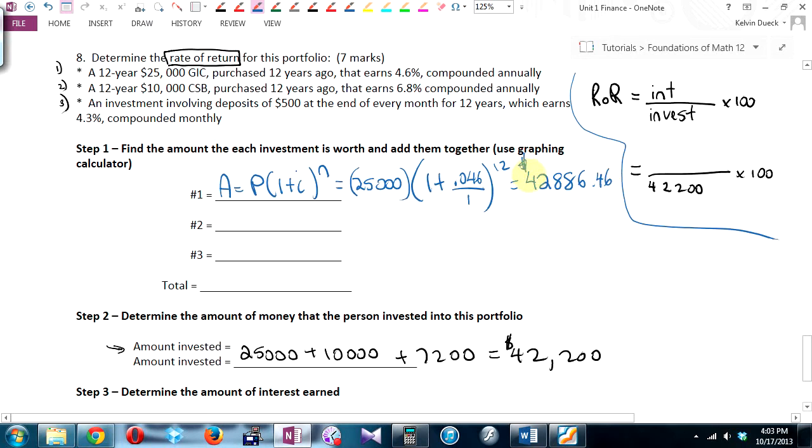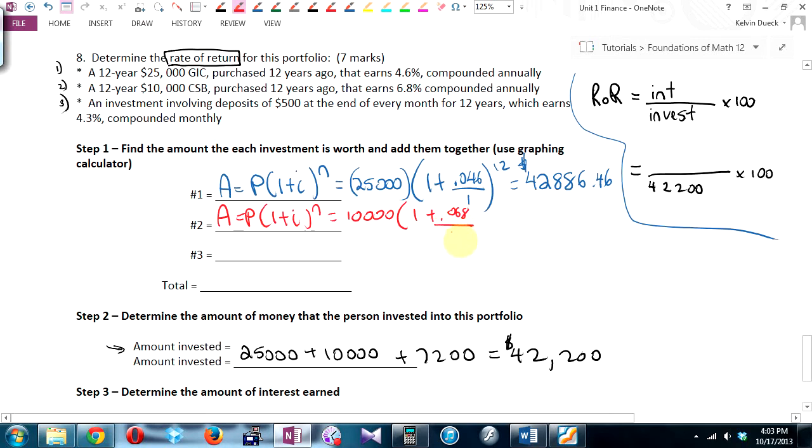The second investment also has no payments. So the second investment, I can also go 10,000 times 1 plus 0.068.